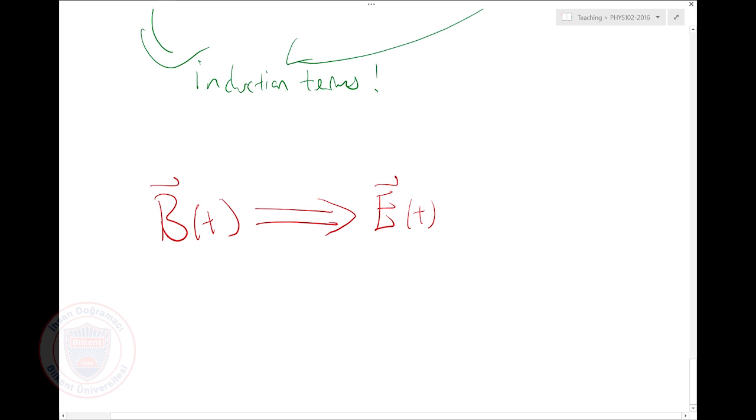But as a result of the electric field changing, now the displacement current term tells me that this is going to create a magnetic field. So the changing magnetic field will create an electric field again, which will create a magnetic field again, and so on and so forth.